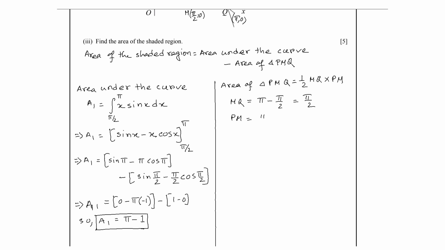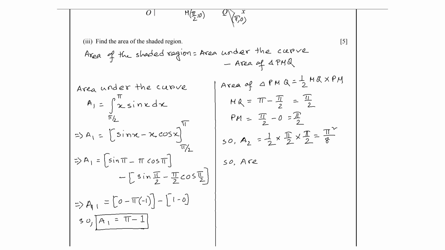The length of PM will be pi by 2 minus 0, that is also pi by 2. So using those values, we can write the area of the triangle PMQ, we call this A2, is half times pi by 2 times pi by 2. That gives us pi squared by 8.